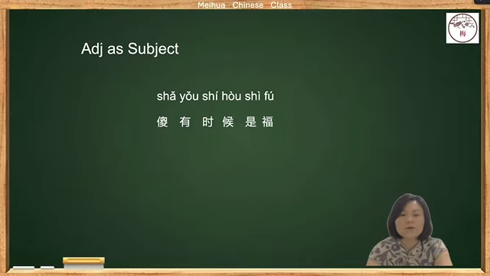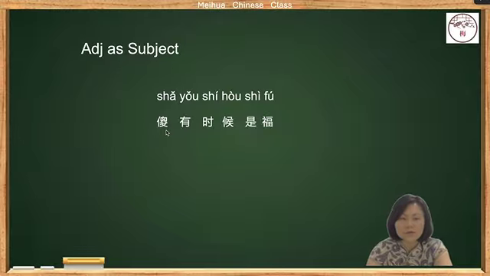So let's look at some examples to understand this point. Here, I want to show you the situation that an adjective can work as subject in a sentence.